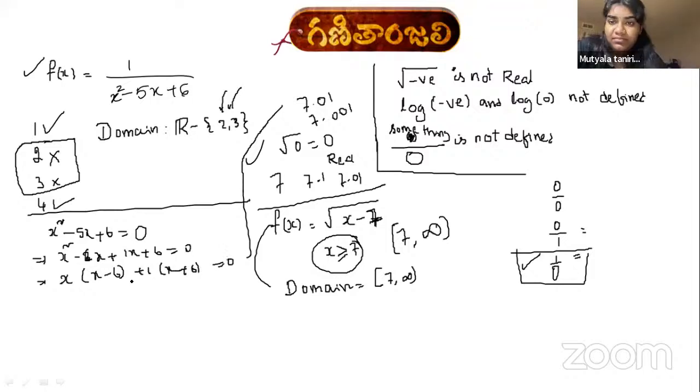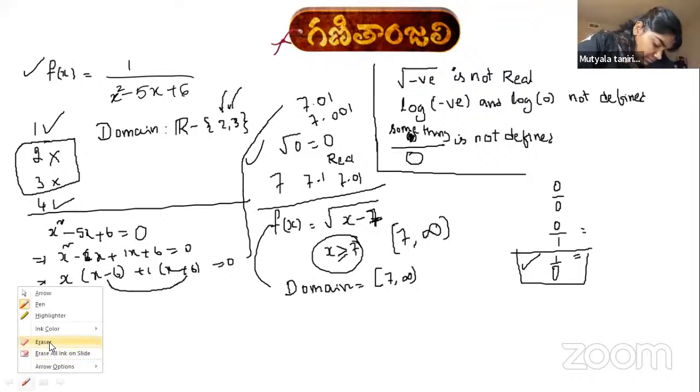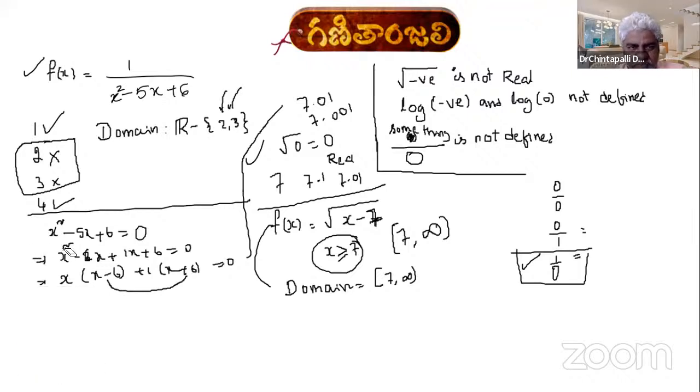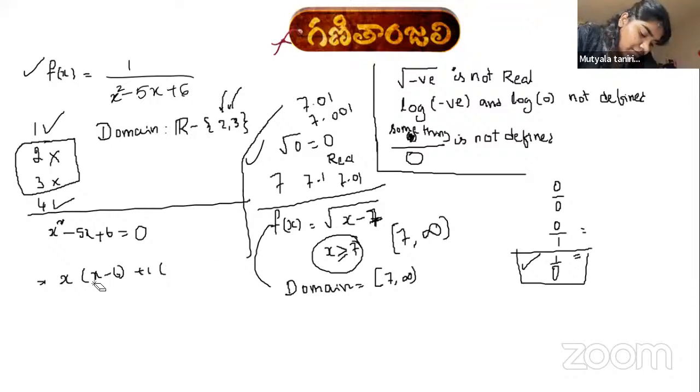Both are not the same: it is x minus 6 and x plus 6. We can't take it common. So there is another method in factorization. Factors of 6 summing to minus 5: minus 3 and minus 2.